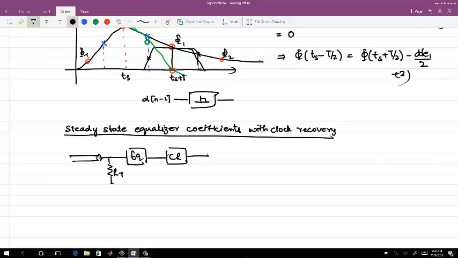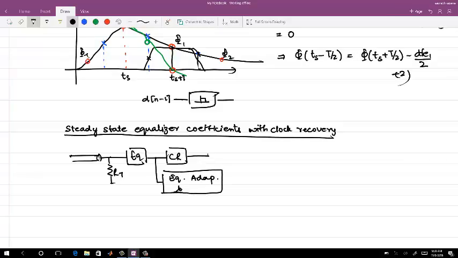Okay, and this also goes to a coefficient adaptation loop. So let's say equalizer adaptation.